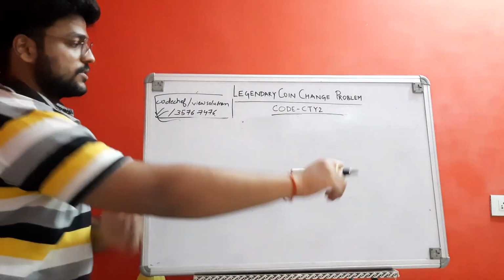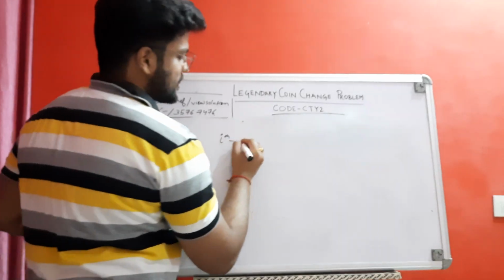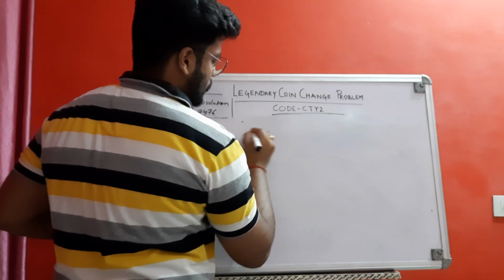Likewise I said, for filling the ith array you just need the (i minus 1)th array to be filled.